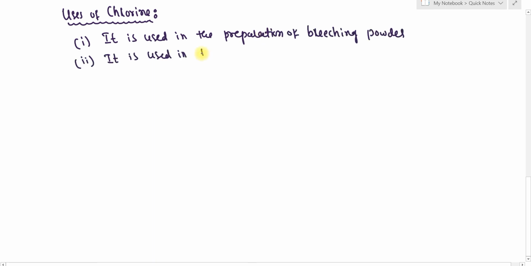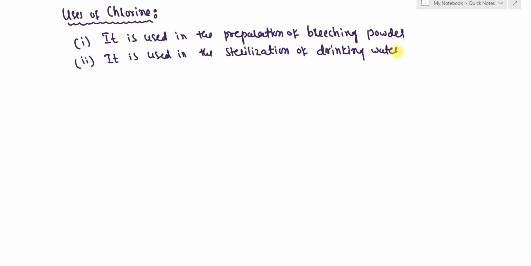It is also used in the manufacture of polyvinyl chloride. What is polyvinyl chloride, students? All of you are using that in your houses. All of your houses contain polyvinyl chloride products.